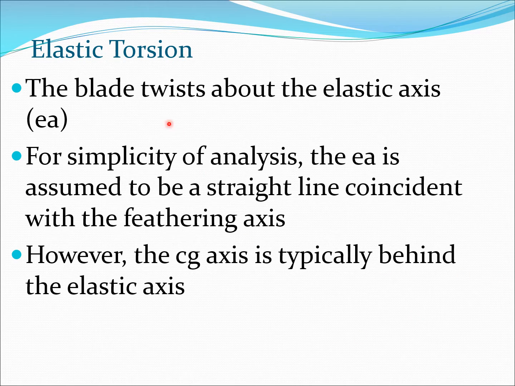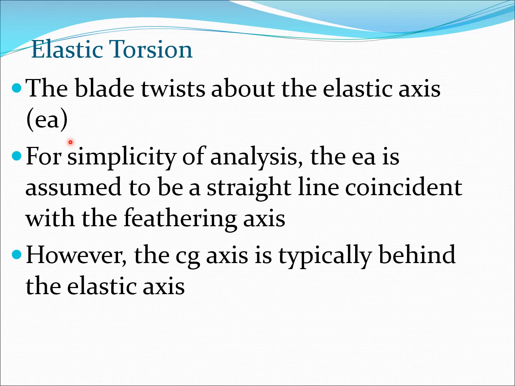So essentially, we know that the blade is going to twist around an axis, and this axis is the locus of all the shear center points, and this is known as the elastic axis, which we will call EA. That's the acronym we are going to use.